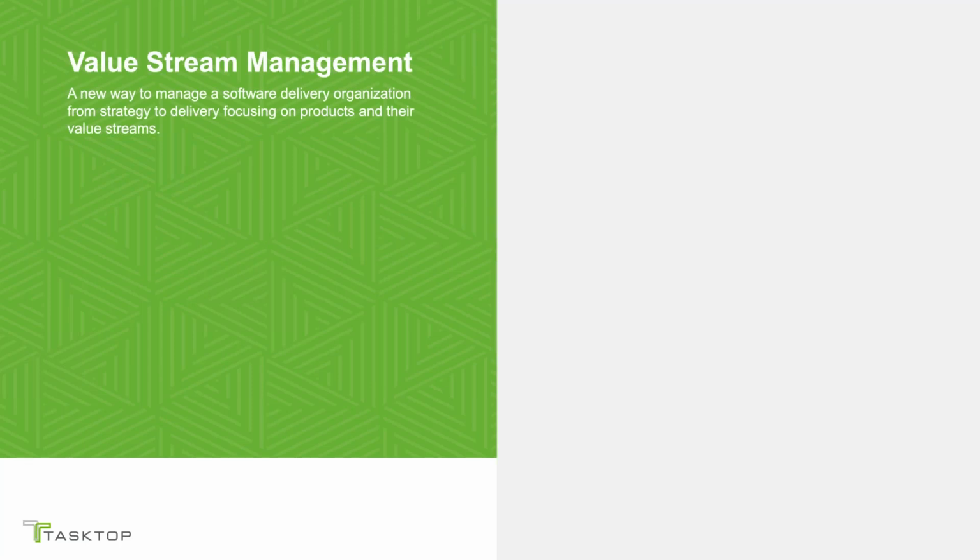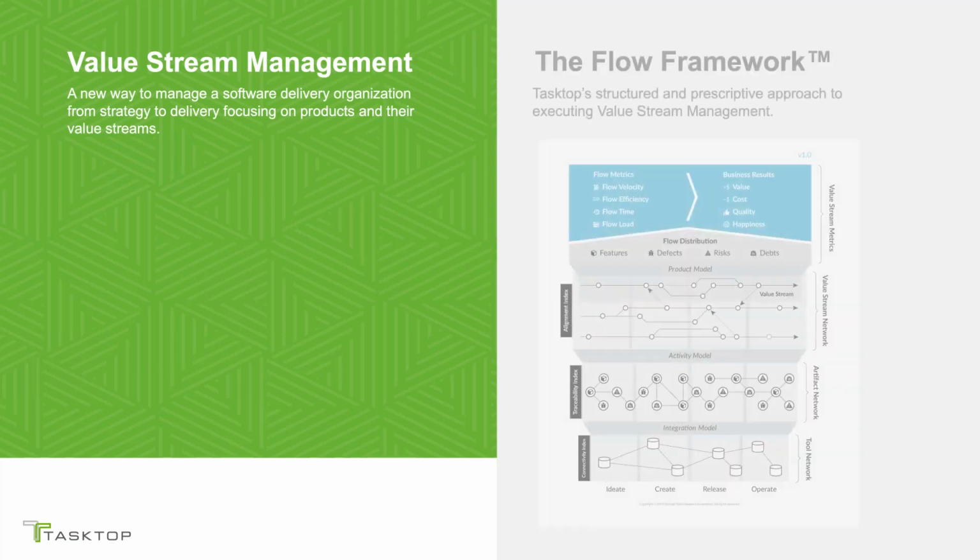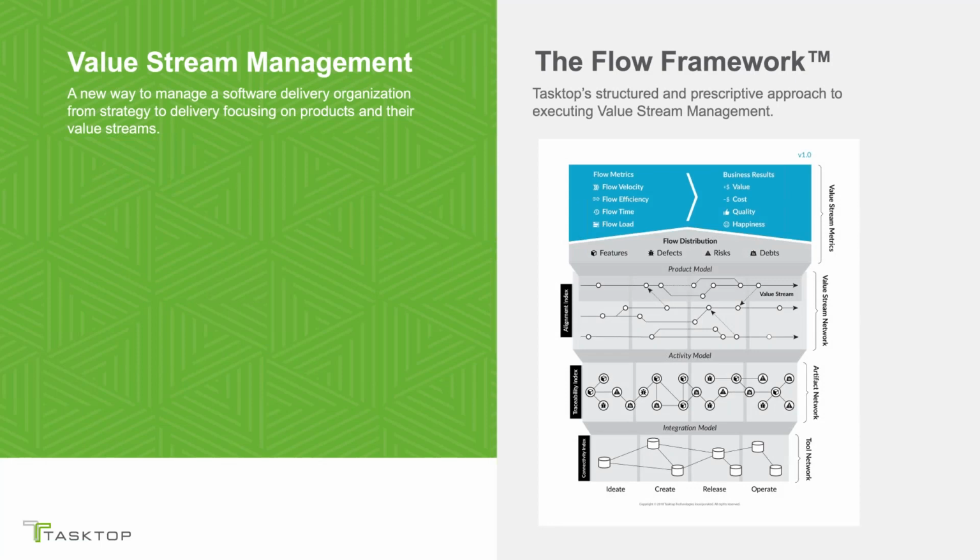So what is value stream architecture and what is value stream management? It's an industry term. It's not something that I made up. It's not something that Tasktop made up. It is a new way to manage software delivery organization, focusing on products and their value streams. Tasktop has come up with an implementation of value stream management. We call it the flow framework. And it is our structured and prescriptive approach to executing value stream management.